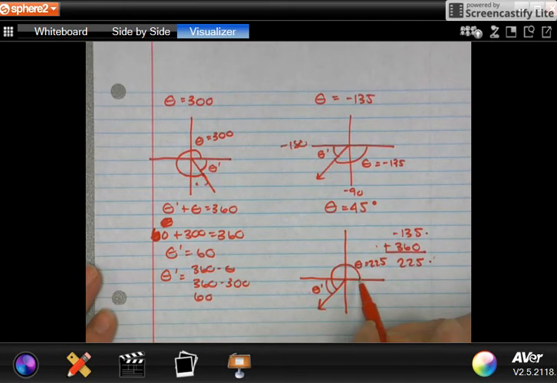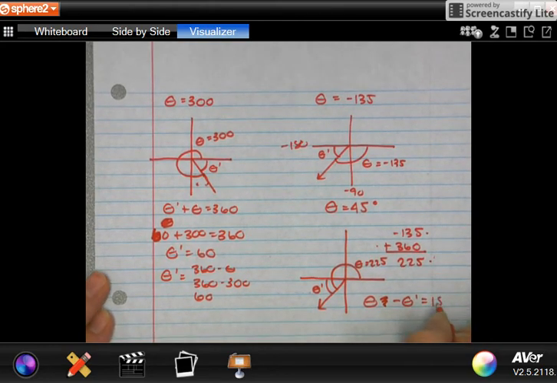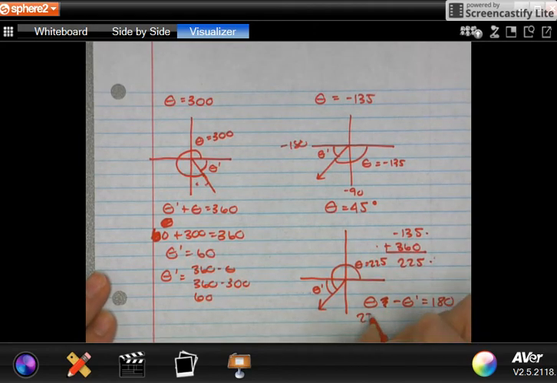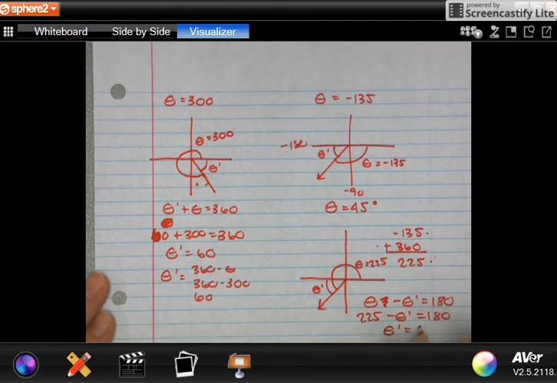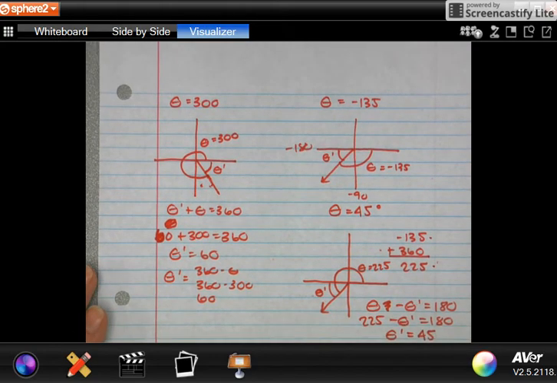Since I've sketched it out, I can see that theta minus theta prime, the reference angle, should be equal to 180. So 225 minus the reference angle is 180. You can solve to find that the reference angle, again, should be 45.